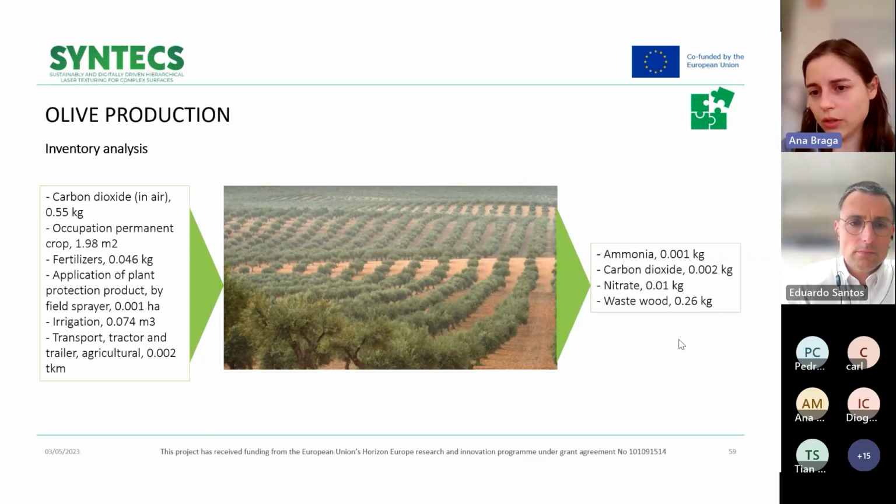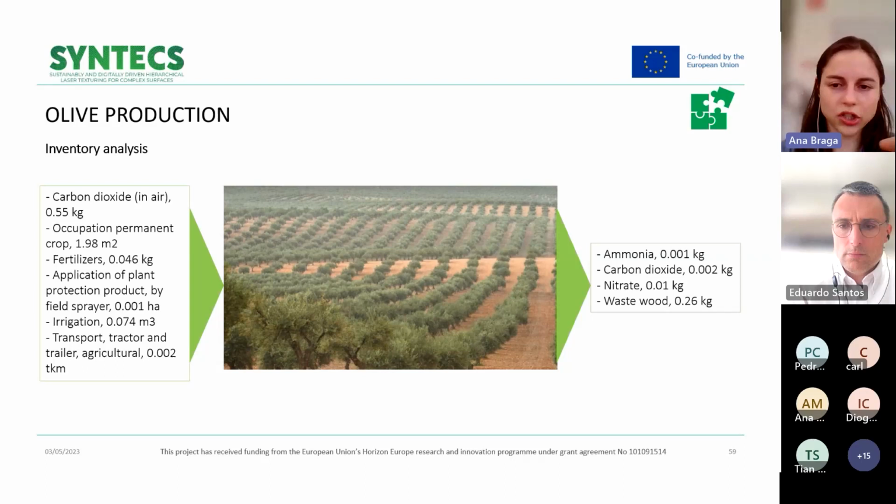We also have some outputs that come from the use of fertilizers and agricultural machinery, and of course, if we are harvesting the olives, we can have some waste wood from pruning and other equivalent operations.